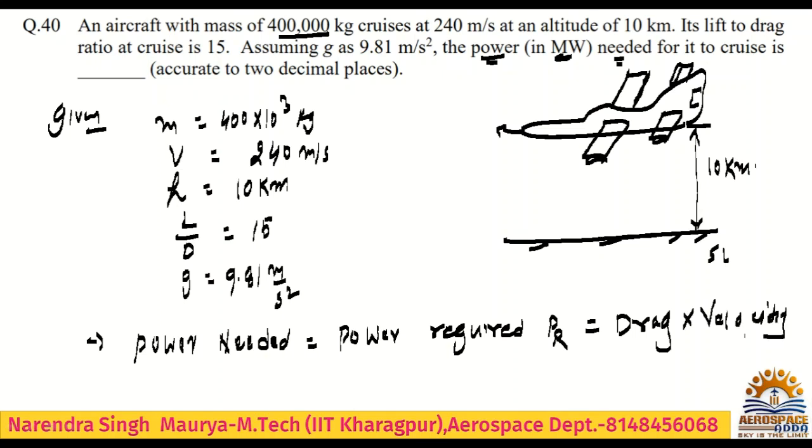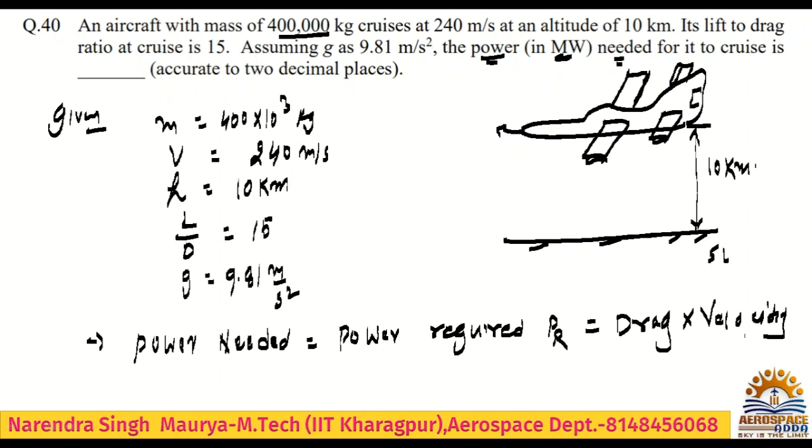Whatever the drag, the power required is based on that. If the aircraft is small, drag will be small, so the power required to propel the aircraft will be small. If a very big aircraft is there, drag will be more, and obviously weight will also be more. So drag is more, which means to propel that aircraft you need more power.